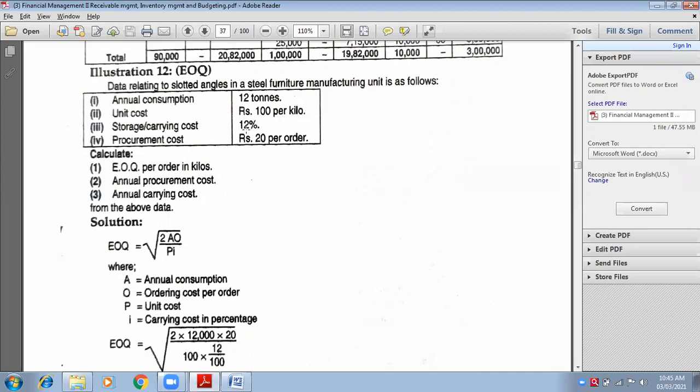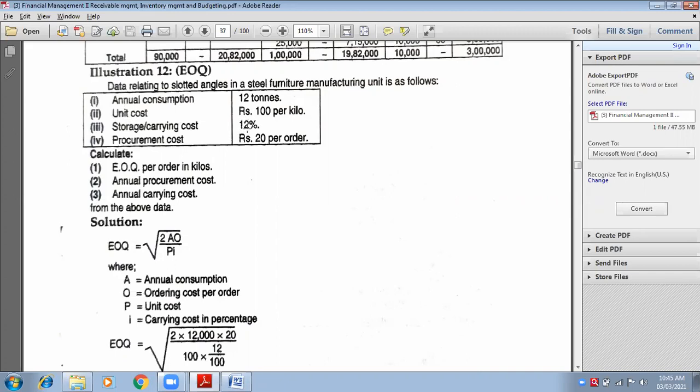I will not be able to do it. So what do I need? Unit cost. It is given. Unit cost means expense on one unit. Expense on one unit is rupees 100 per kilogram.